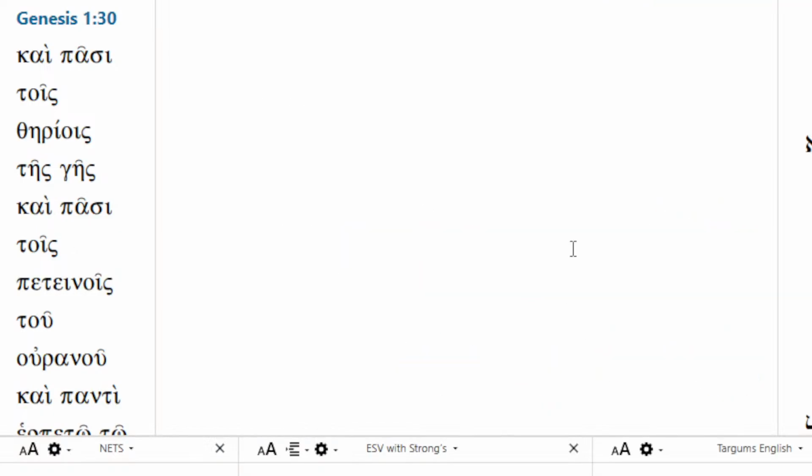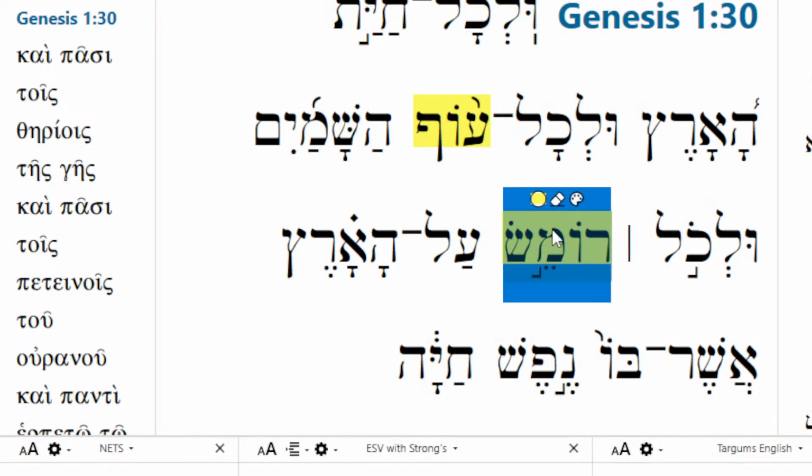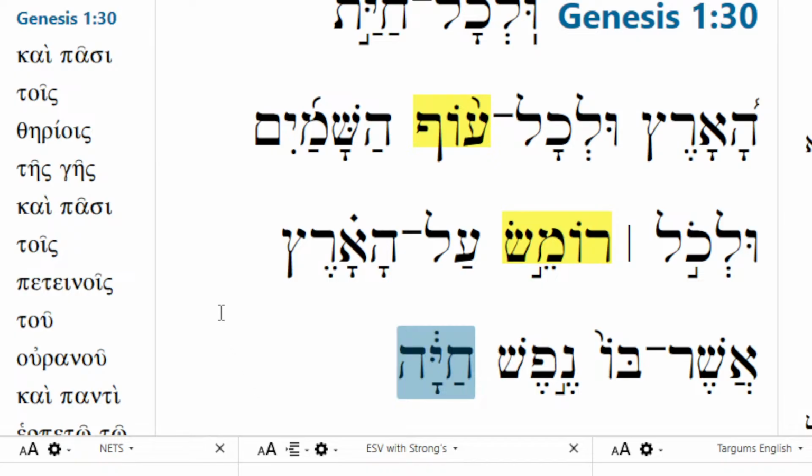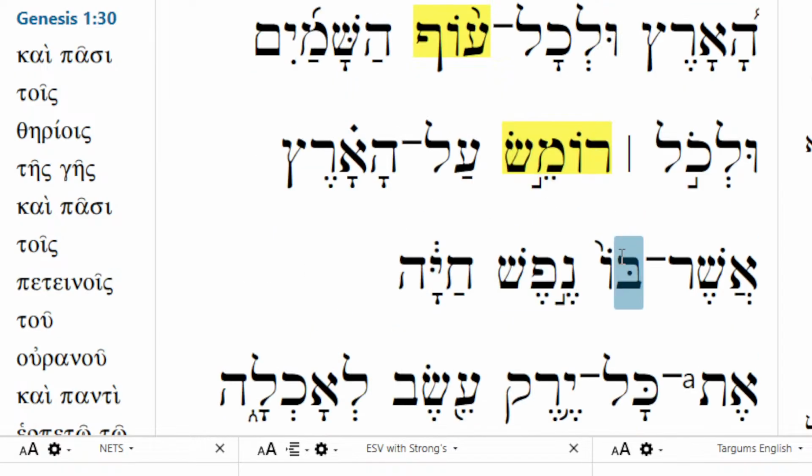Here we go with the word romes, okay? And look at that. Resh does not have its own vowel, and so therefore the vav that follows it must be a vowel letter. Romes. Another vav, here we go, in bo.